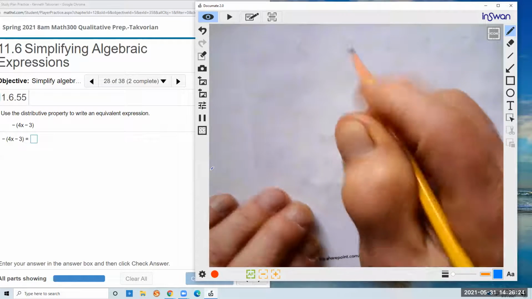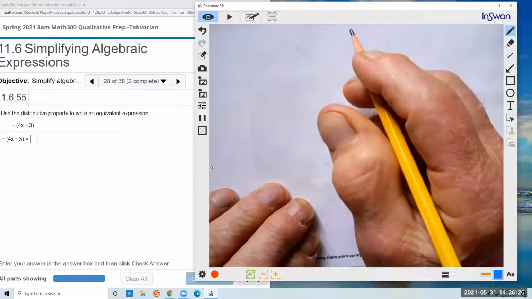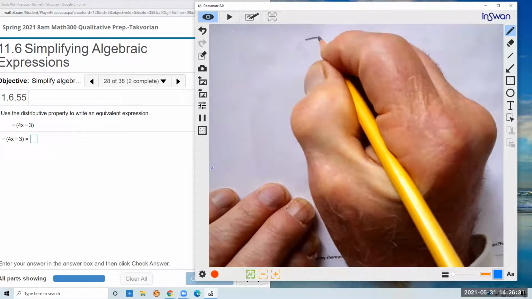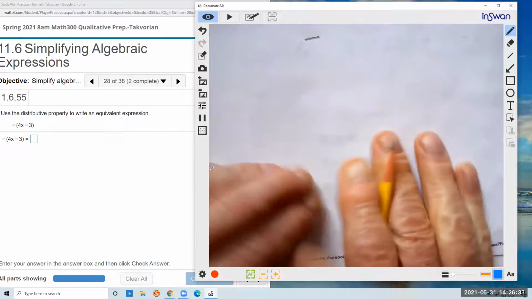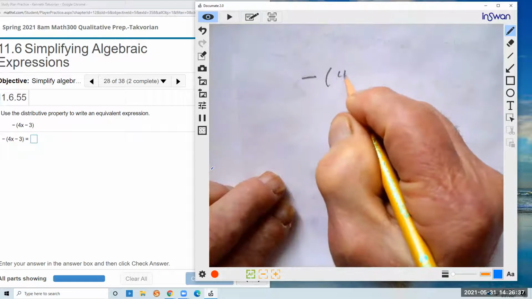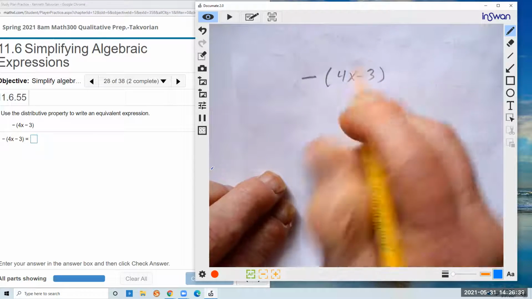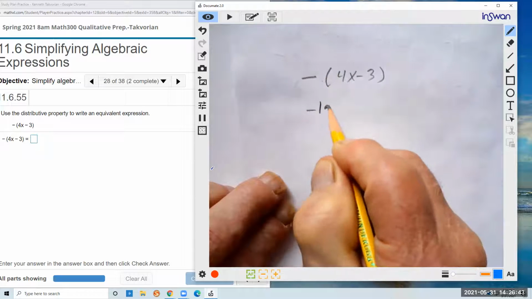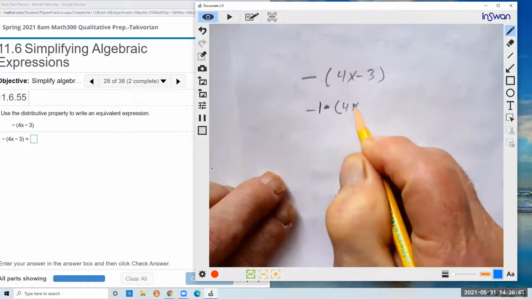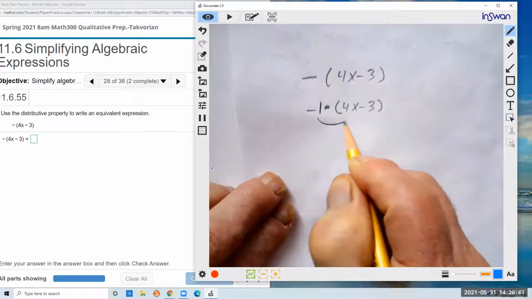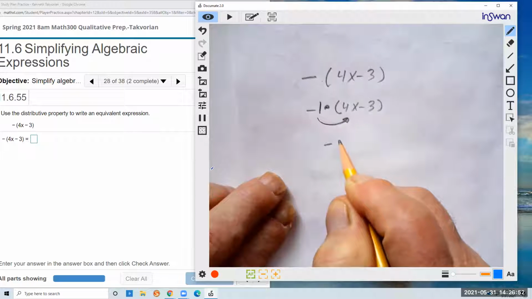Again, we would like to use the distributive property to simplify the answer. Minus parentheses 4x minus 3. It's understood over here that this is a 1, so it's minus 1 dot parentheses 4x minus 3. The distributive property says take the minus 1 times the 4x.